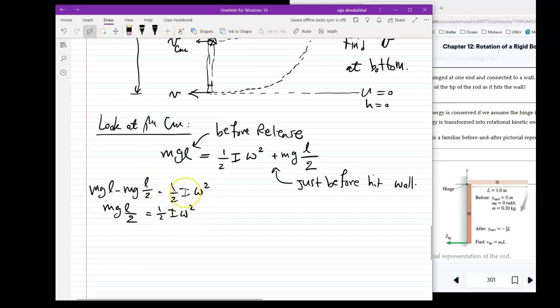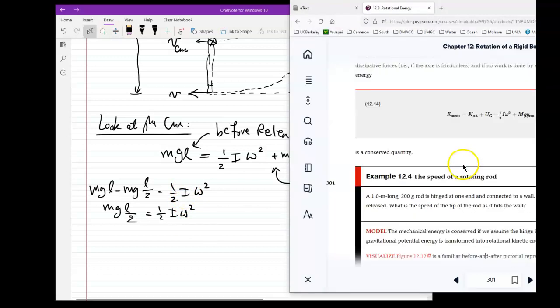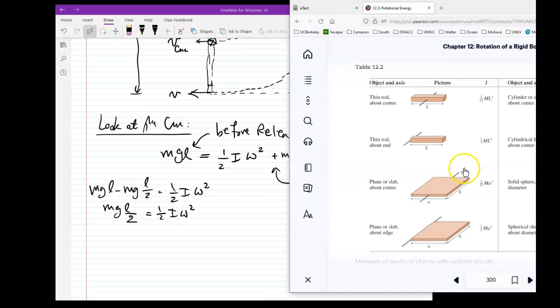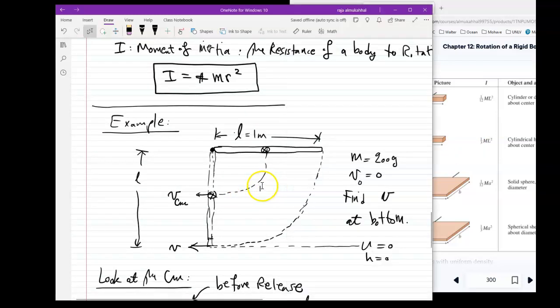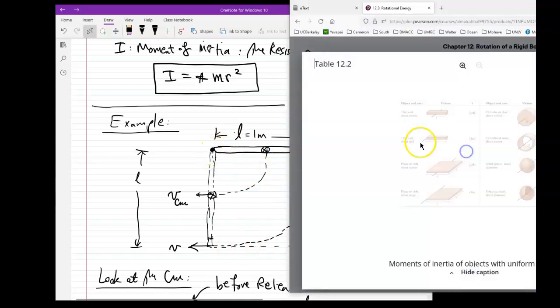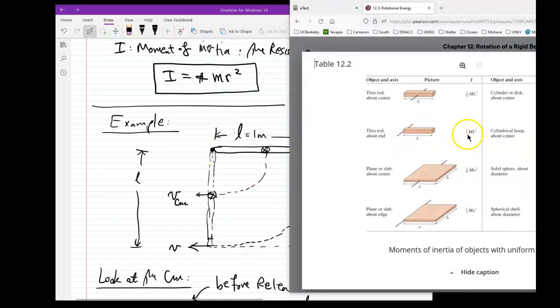What is I here? Well, that's I for the rod. Let me go back to the table. Right here. It says the rod, I have this one spinning about its center. This one's spinning about its side. Which one should I use for the moment of inertia? Obviously this one, because our picture shows that the rod is spinning about its side, which is 1/3 ml squared.